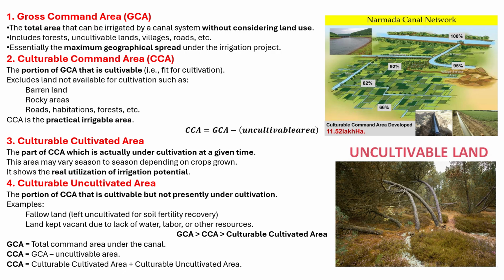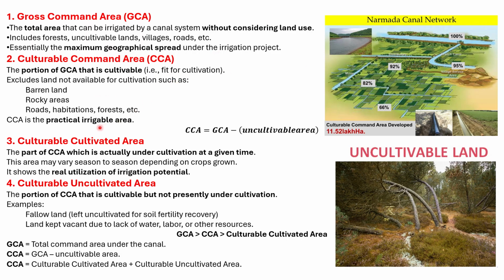Next, some important terms in irrigation planning. Gross command area, GCA, is the total area that can be irrigated, including forest, villages, roads, everything the canal can reach. Next one is the cultivable command area, only that area that is fit for cultivation. Practically irrigatable area we'll call CCA.